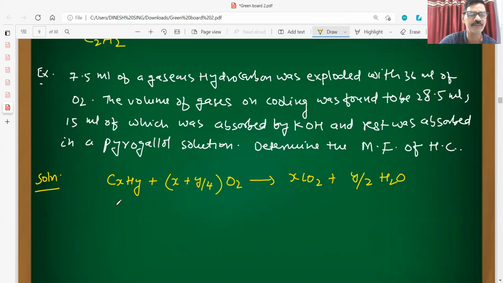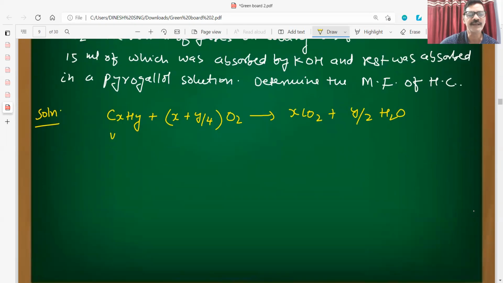Whatever volume of the hydrocarbon we have used, x times that volume of CO2 will be obtained. From V ml, x into V ml of CO2 is formed and (x + y/4) into V ml of O2 is used. The volume of carbon dioxide is given in the problem: 15 ml was absorbed by KOH, meaning KOH is absorbing carbon dioxide.